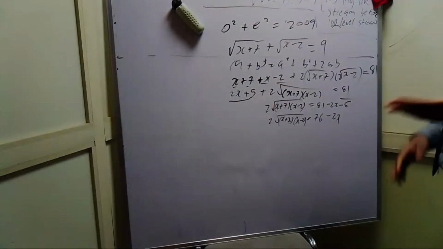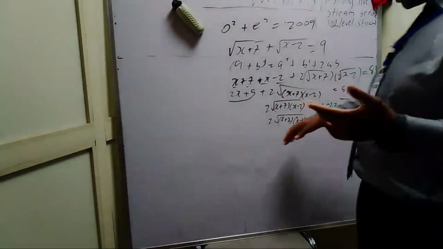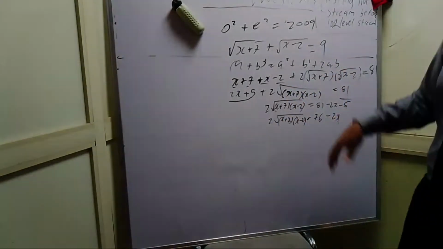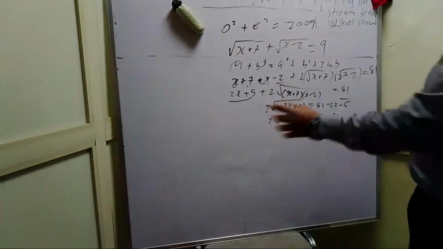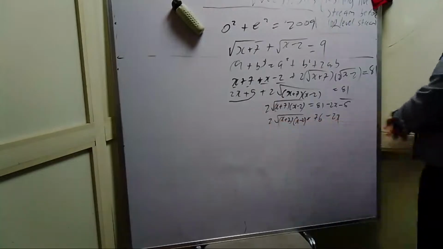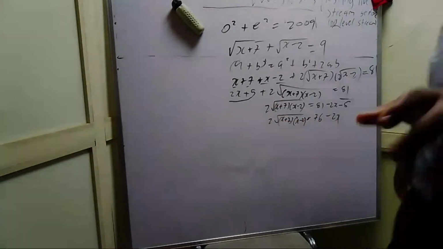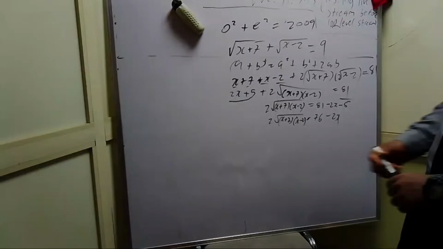You will forgive me. Okay, this is the first time I actually solve the question where you divide by 2. Most times when you reach this part, you just square and this 2 here will turn to 4 because they're squared. But in this case, all the numbers on this side are divisible by 2. Just divide by 2 to make your work easier.